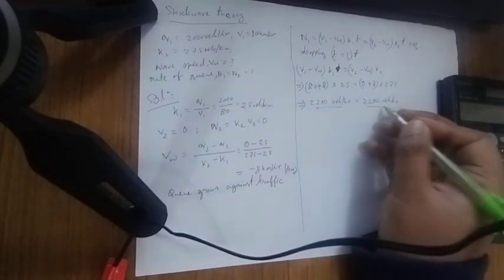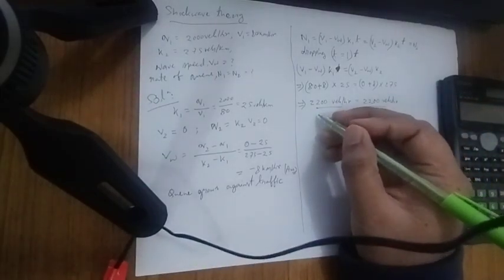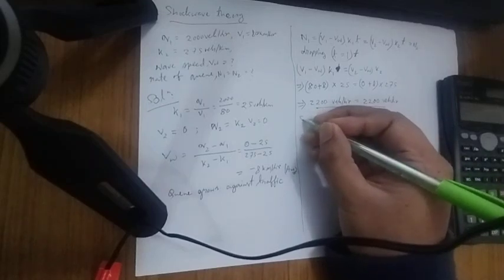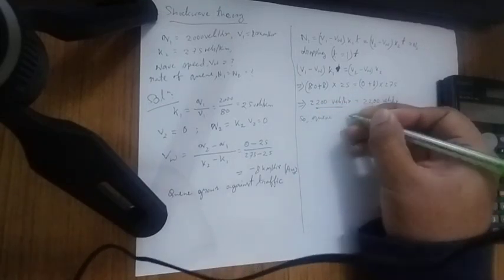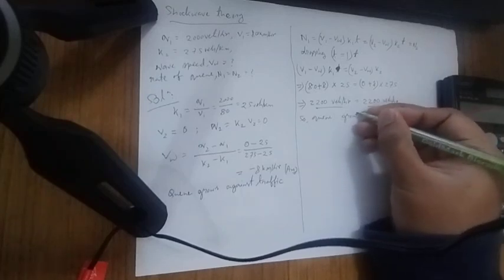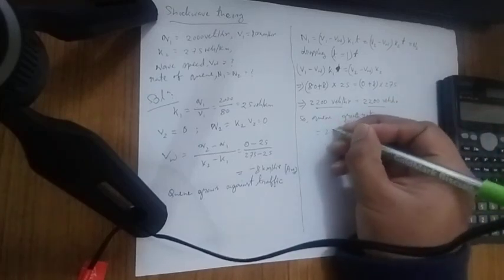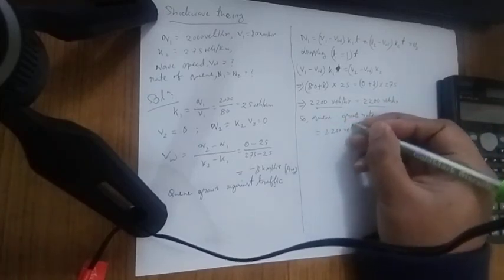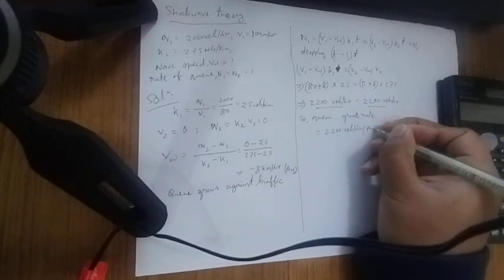In both cases it will be similar, so the queue growth rate will be 2200 vehicles per hour. This is the other answer.